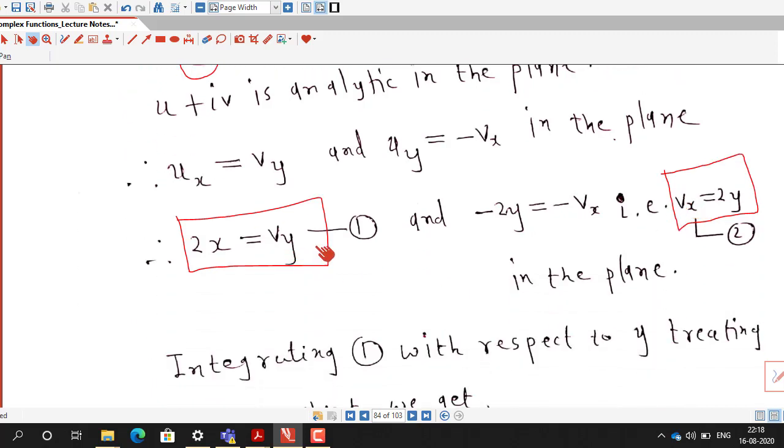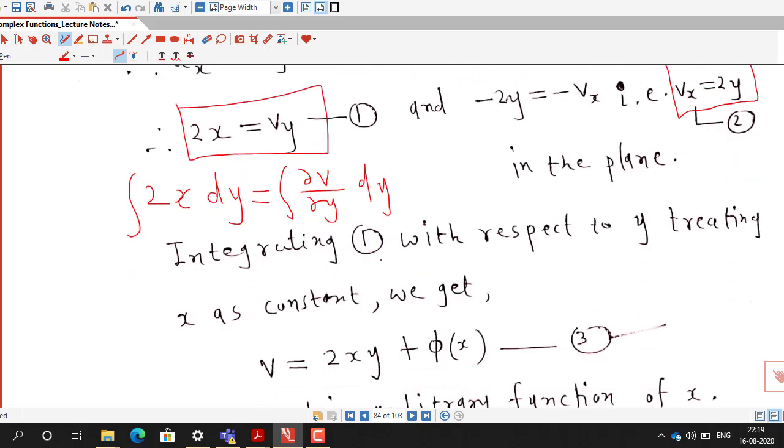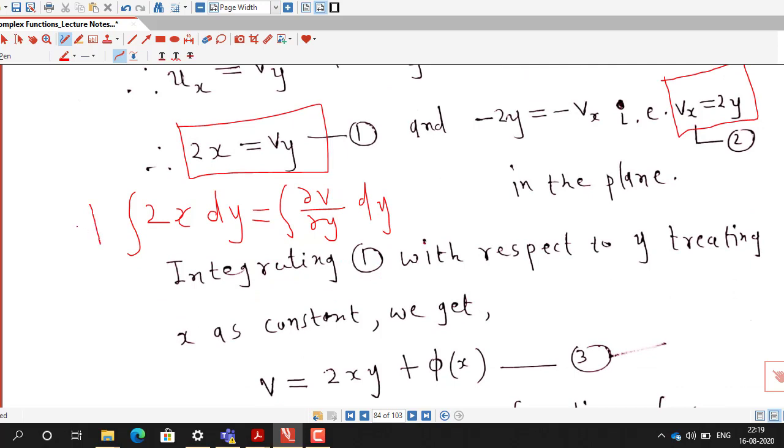So we start by using 1. So here derivative is with respect to y, so we integrate equation 1 with respect to y. So it is like this: integration of 2x with respect to y, and right hand side will be del v by del y with respect to y, and here we have to add constant of integration, but here integration is with respect to y, and v is function of two variables x and y.